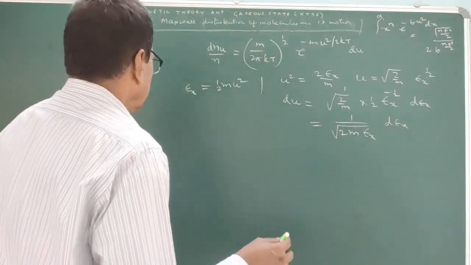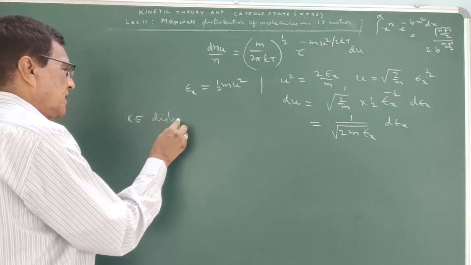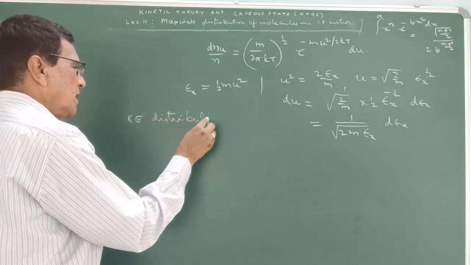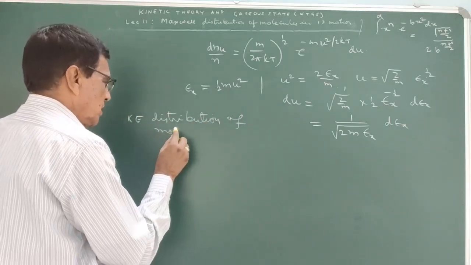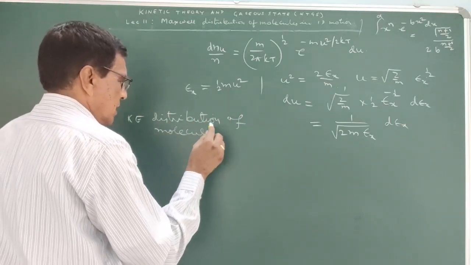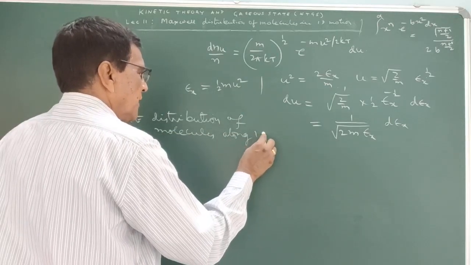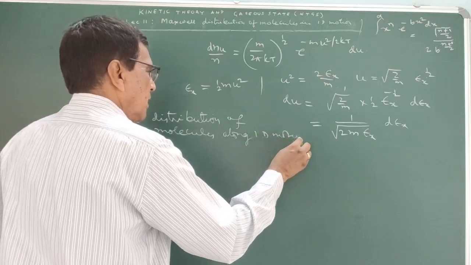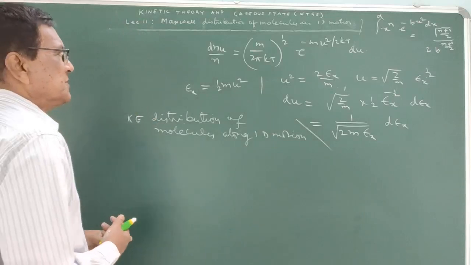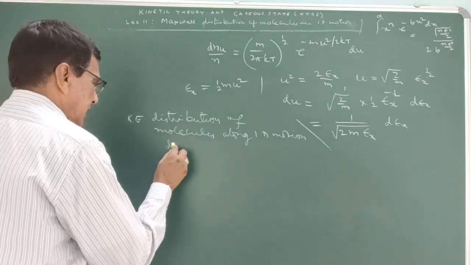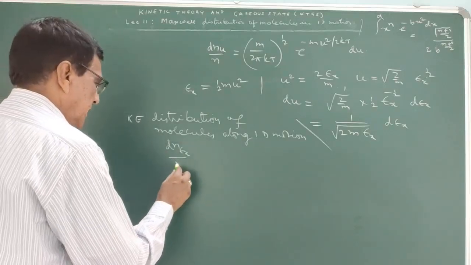So the kinetic energy distribution of molecules along one-dimensional motion becomes dn epsilon x by n.